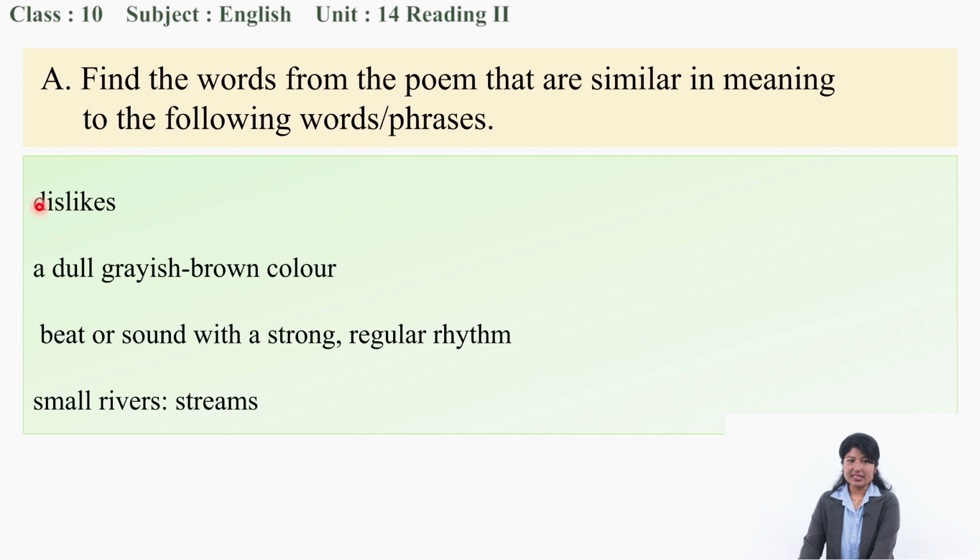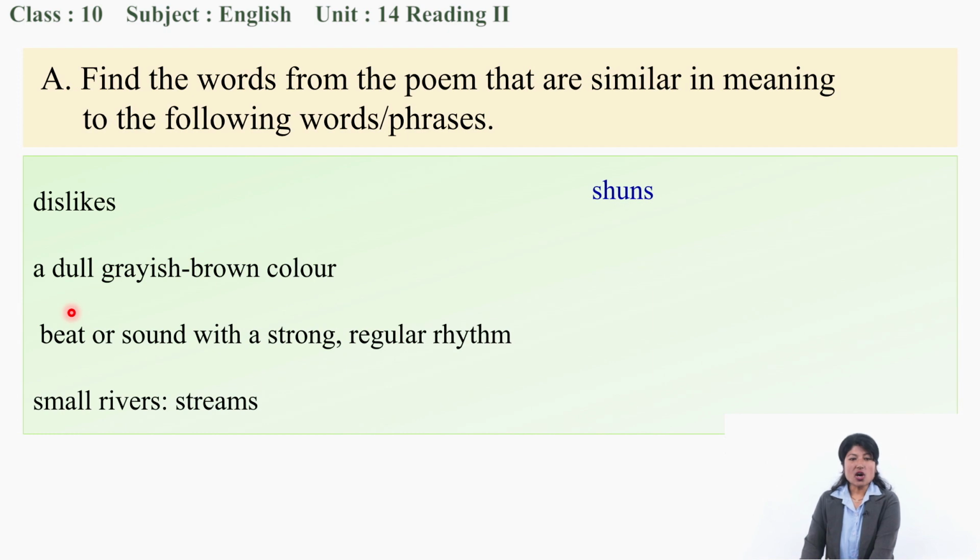Let's continue. What is the word that also means dislikes mentioned in the poem? Where do you find the meaning? Okay, let me give you a clue. Obviously in the second stanza. What is that? Exactly, that is sons. Sons mean dislikes.